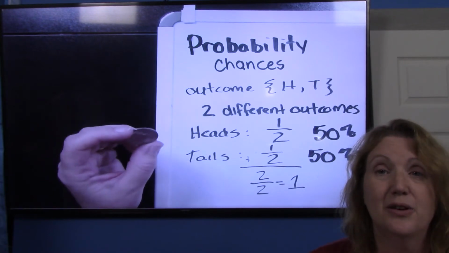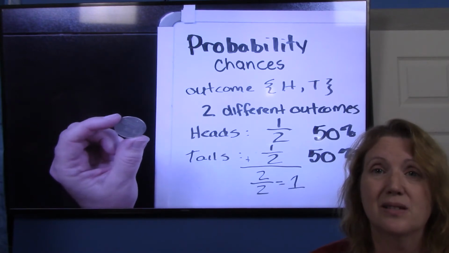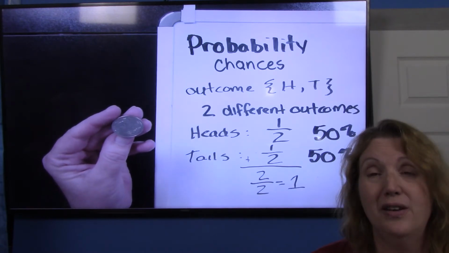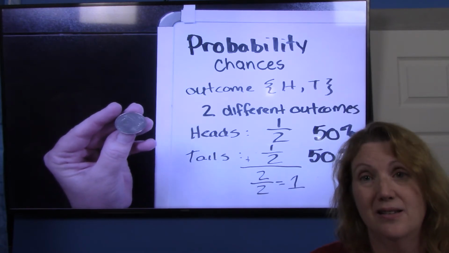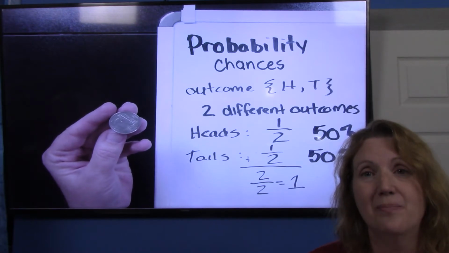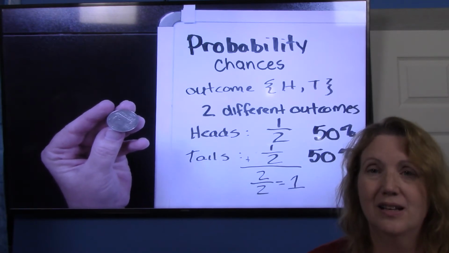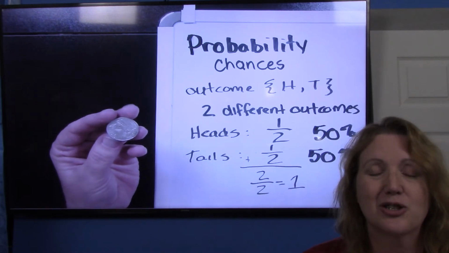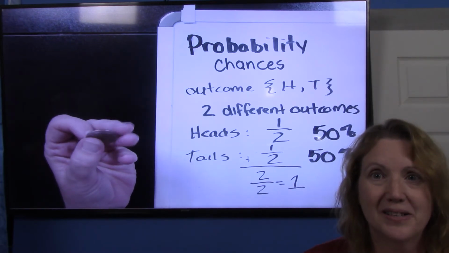What we found out though is if you did it a million times, you would get really close to finding out that half of the time you would get heads and the other half the time you would get tails. And what we call there is actually randomness.